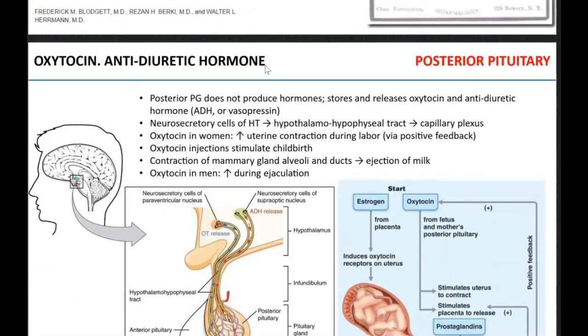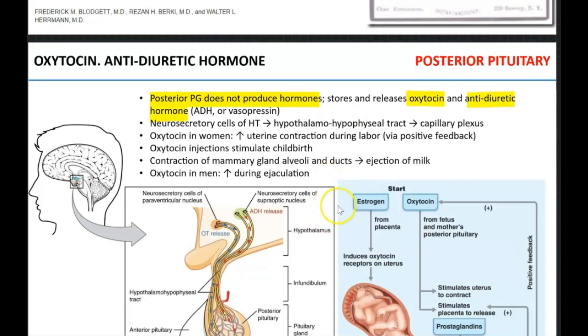Now we're kind of wrapping up anterior pituitary, and we're going to jump to posterior pituitary gland, which, as you remember, does not produce hormones. It stores and releases them. Two hormones that are stored in the posterior pituitary gland are oxytocin and antidiuretic hormone, or ADH.